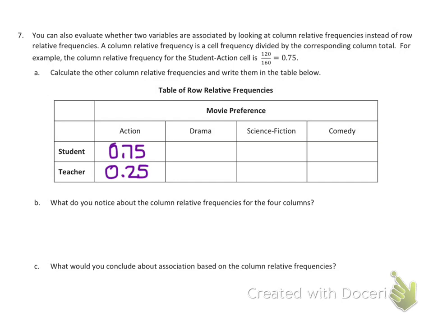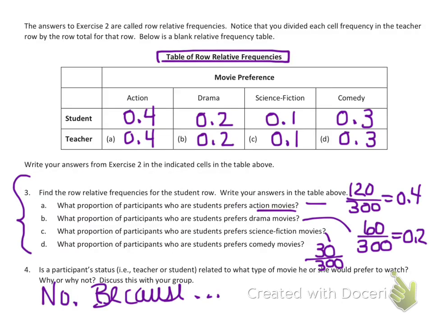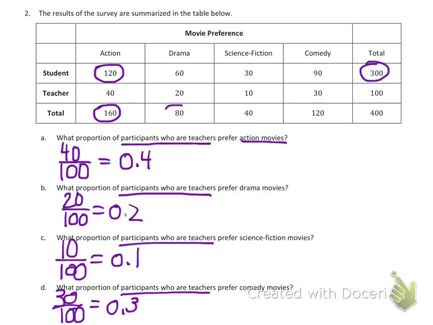So if you do that, let's look at drama. We've got 80 people said they liked drama, 60 were students, 20 were teachers. So 60 over 80 is also 6 over 8, or 3/4, 75%. 20 over 80 is 1/4. Okay, let's look at the next one while we're here. 30 over 40, 75% of the people who liked science fiction were students. 25% of them were teachers.